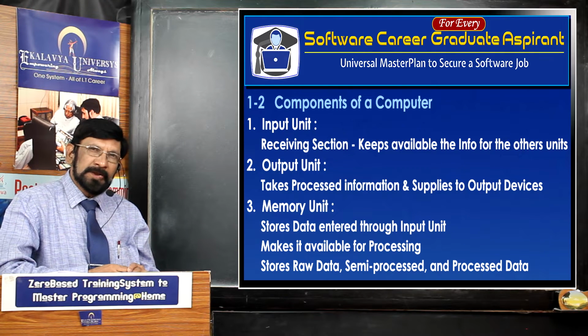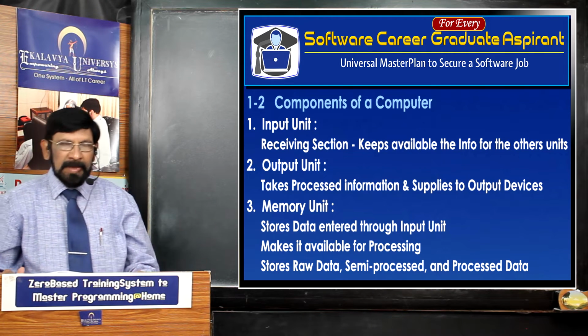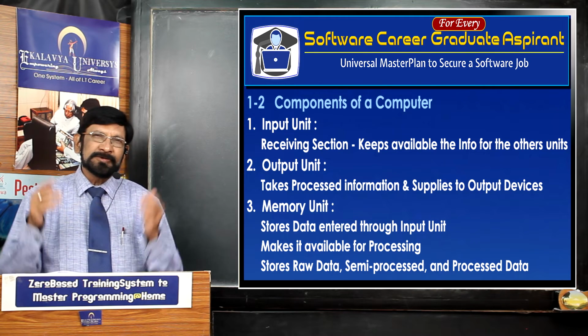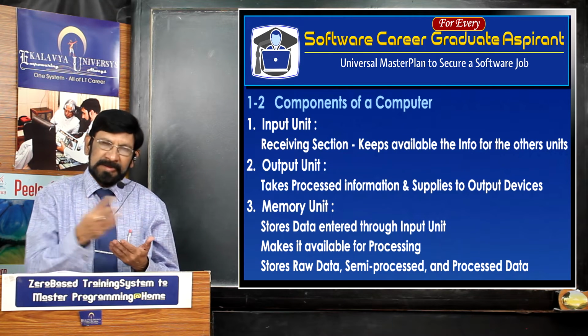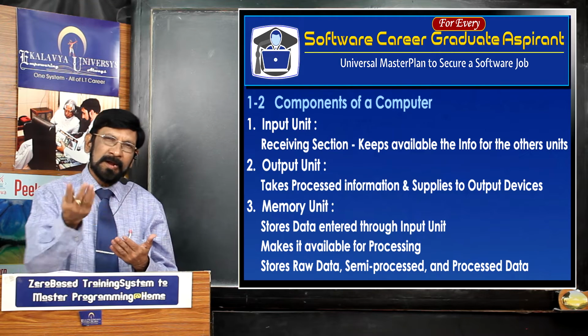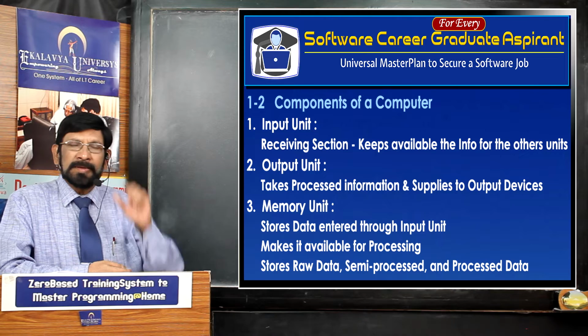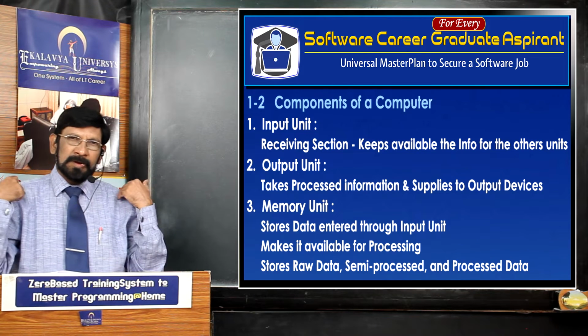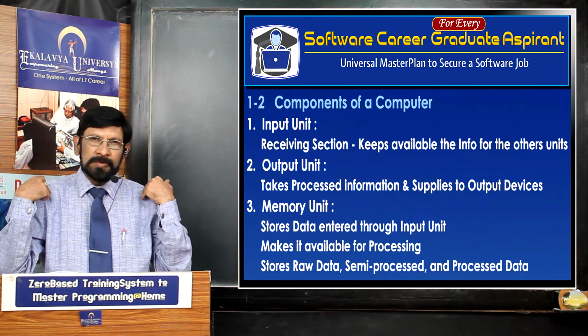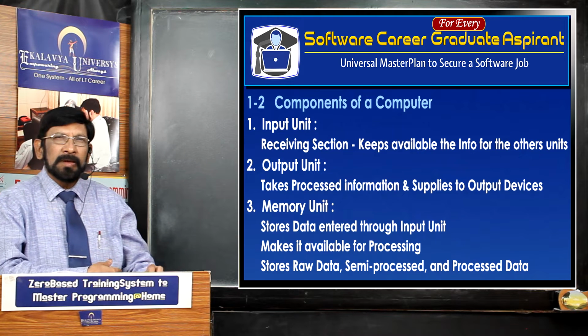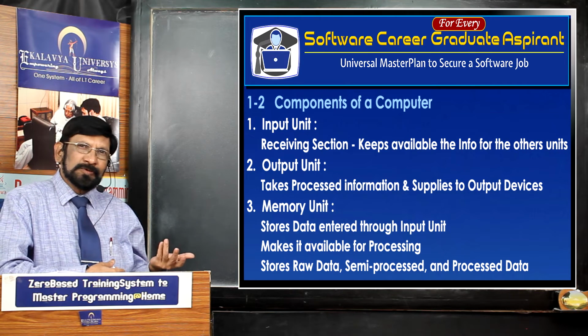Third one is the memory unit. Actually, memory is where data is stored. Suppose you send text, image, audio, video to the computer. It should be stored in a memory unit. Our human body system also stores it in the brain. Otherwise, there is no use.